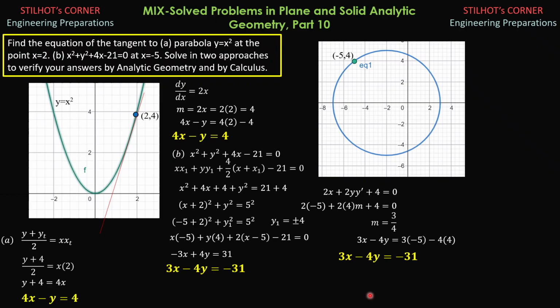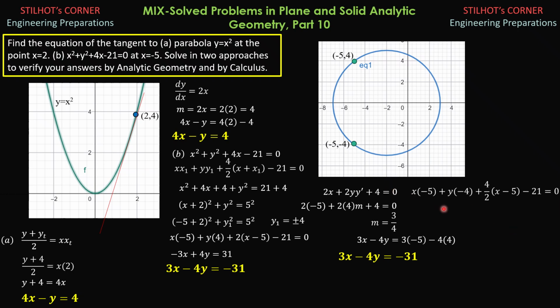Then by analytic geometry approach for the second point of tangency, which is at (-5, -4), let's substitute it here. x times negative 5 plus y times negative 4 plus 2 times quantity x minus 5 minus 21 equals 0.